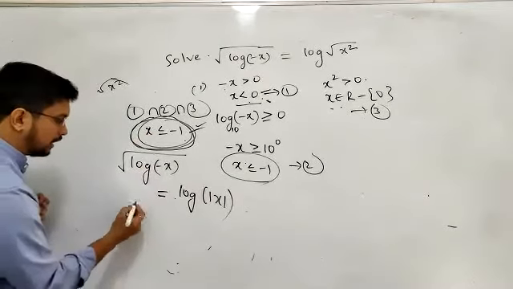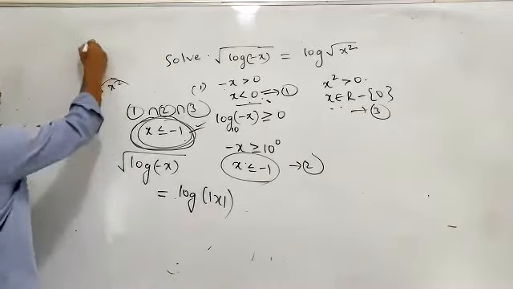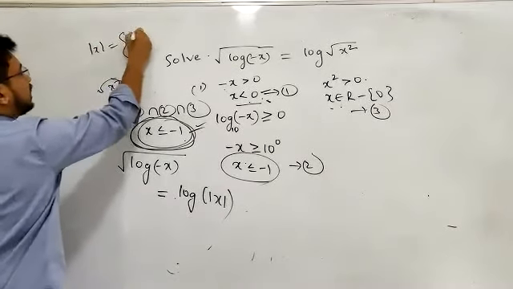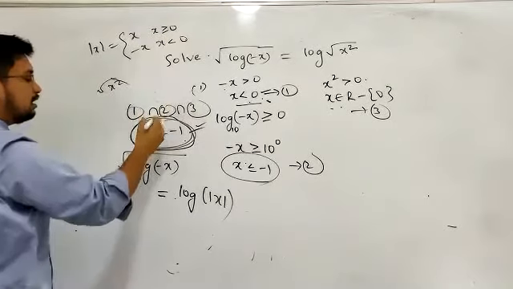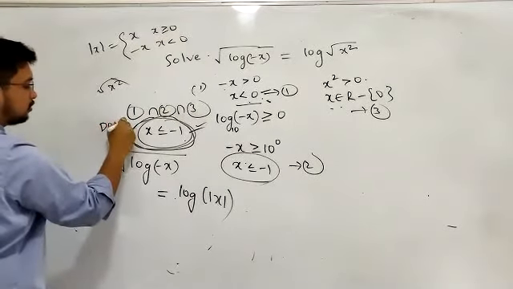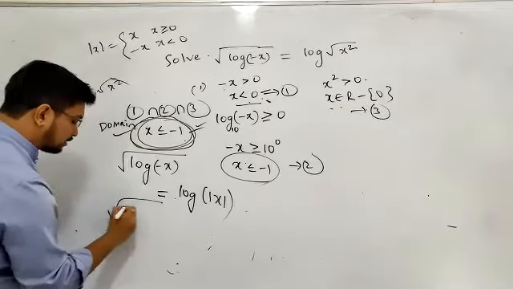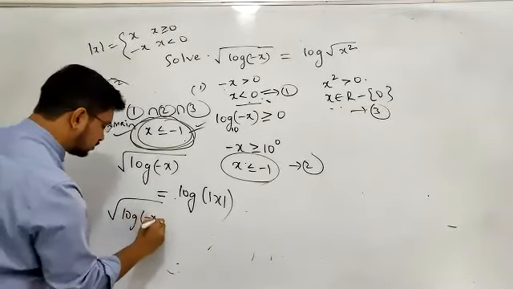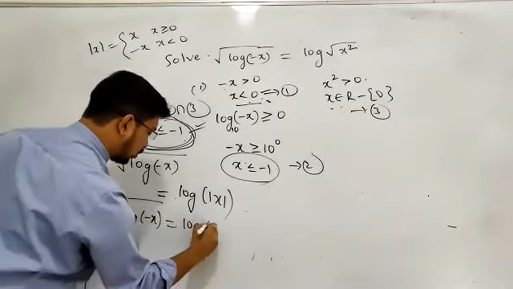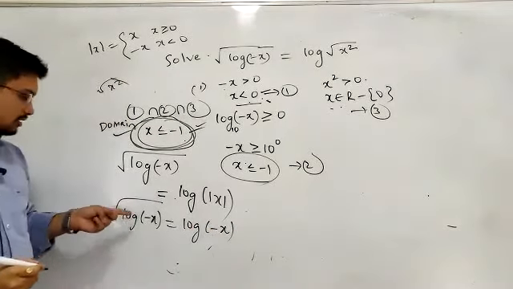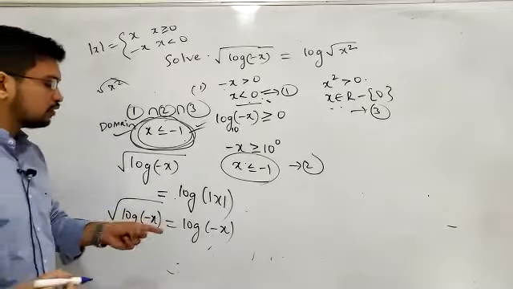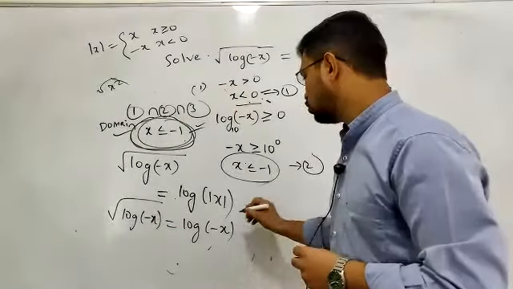For that what I'll do is that, this mod x has two definitions. That is x if x is greater than or equal to 0, minus x if x is less than 0. But equation exist kavali ante idi domain. So from that you will be getting it as under root of log of -x. This is again log of -x. Mod x is taken as something like -x. This is log of under root of log of -x is equal to log of -x. So from that you just do squaring on both sides.